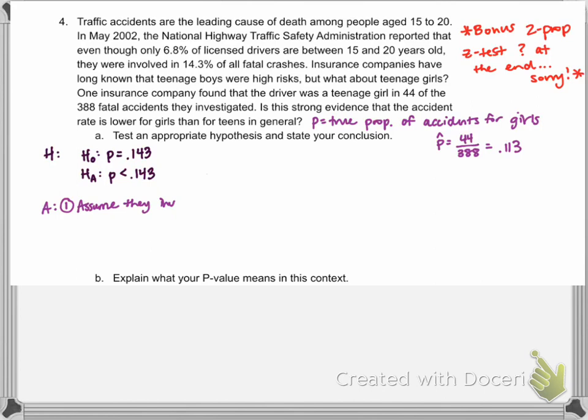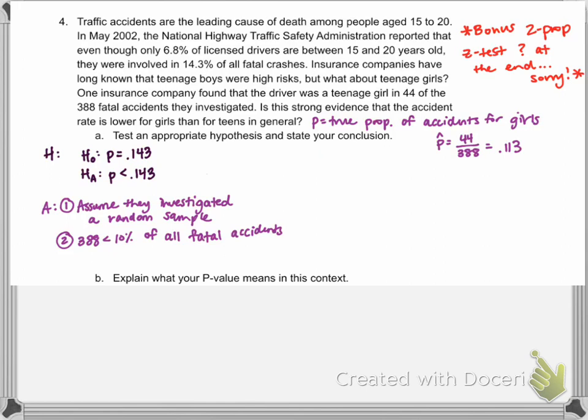Okay. We're going to check our assumptions and conditions. Number 1, the problem says of all the accidents they investigated, this is how many of them were teenage girls, so we're going to have to assume that they investigated a random sample of accidents. Then 388 has to be less than 10% of all fatal accidents in 2002.